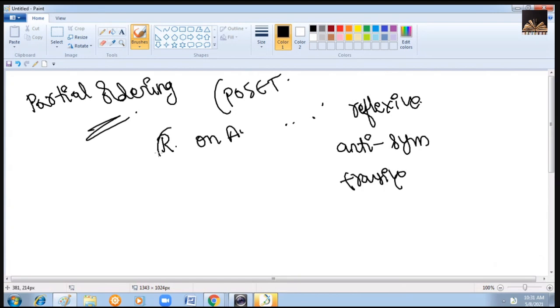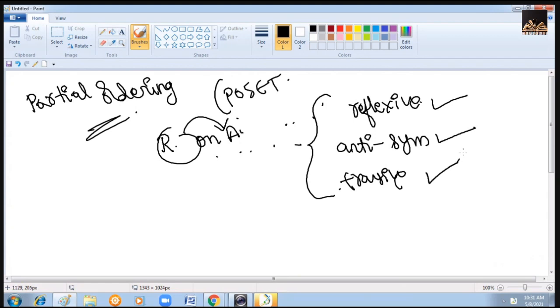A relation R on a set is known as a partial ordered relation if the relation satisfies reflexive property, antisymmetric property, and transitive property. The symbol used for this partial ordering is less than or equal to. You can write this as A comma less than or equal to. That means the relation formed on set A is a partial ordered relation. Clear?